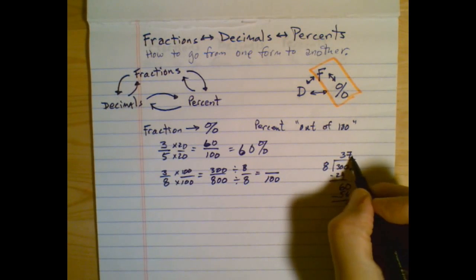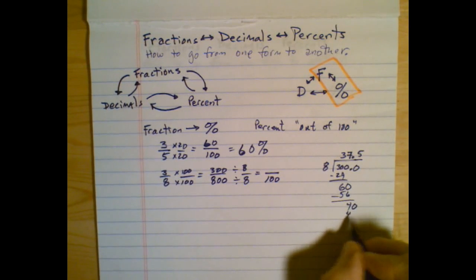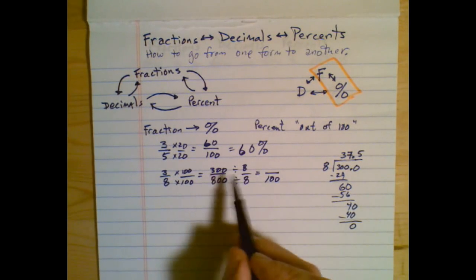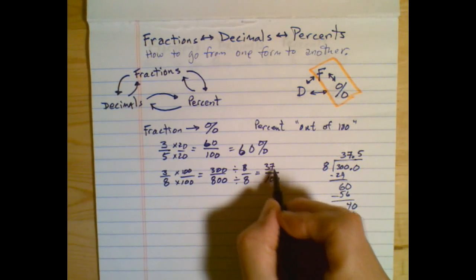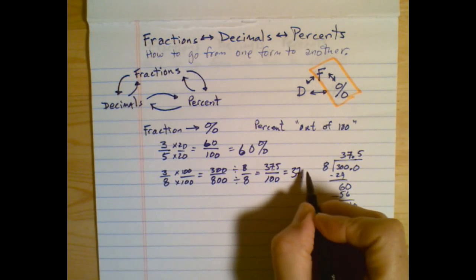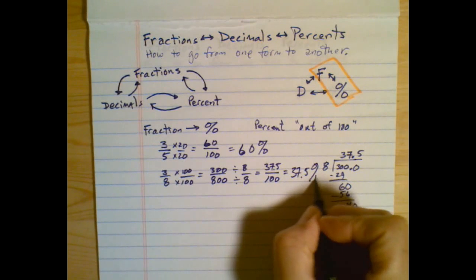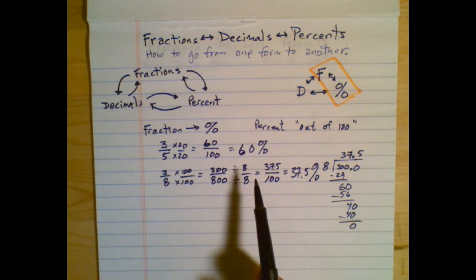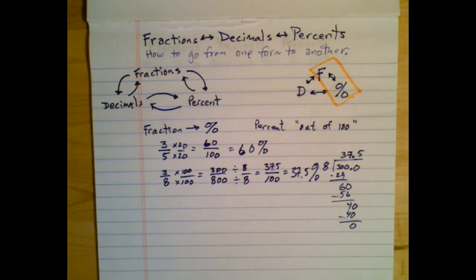Well, bring up the decimal point. 5 do. 5 times 8 is 40. And so 300 divided by 8 is 37 and 5/10. So this is 37.5%. Now, I don't know that I recommend this method, but this is one way it works.